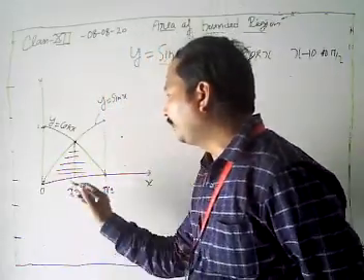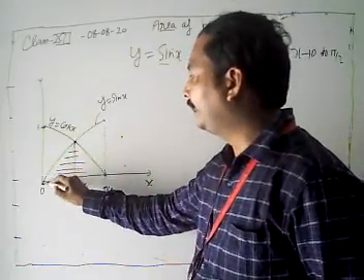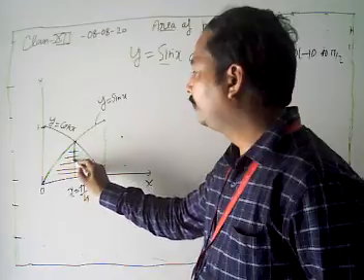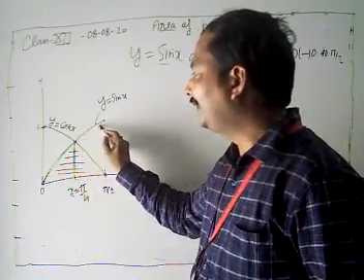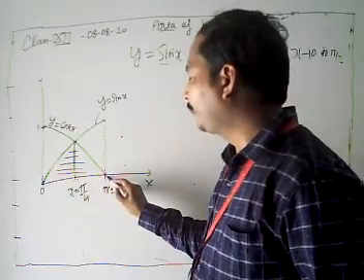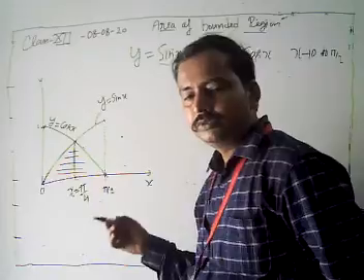Now we have to find this shaded region. How can we find it? The shaded region is made from 0 to pi by 4 by the curve sin x, and from pi by 4 to pi by 2 by the curve y equal to cos x.